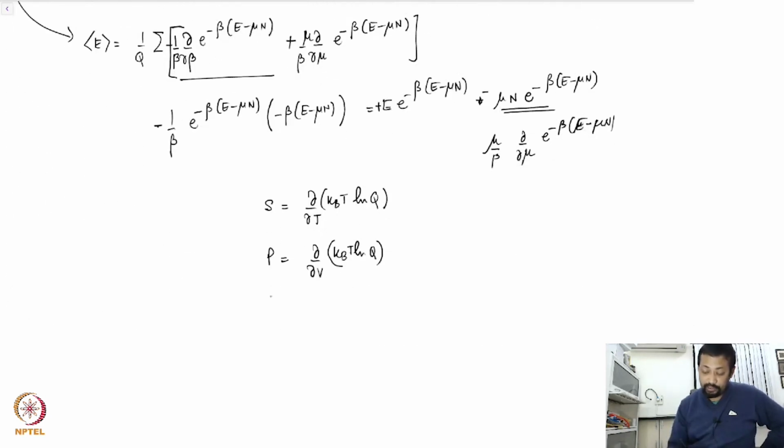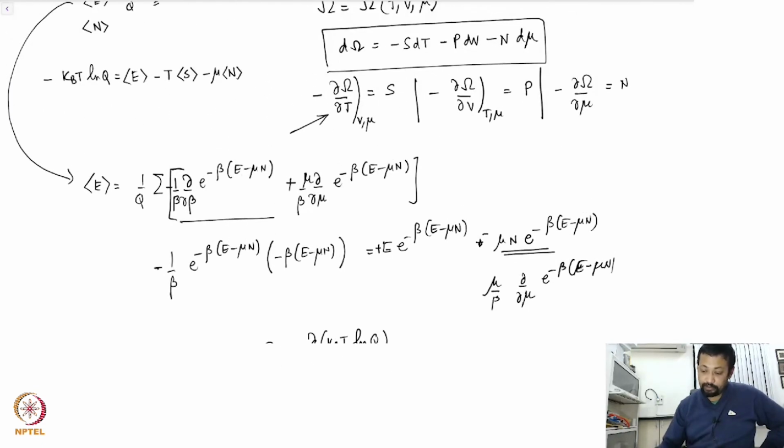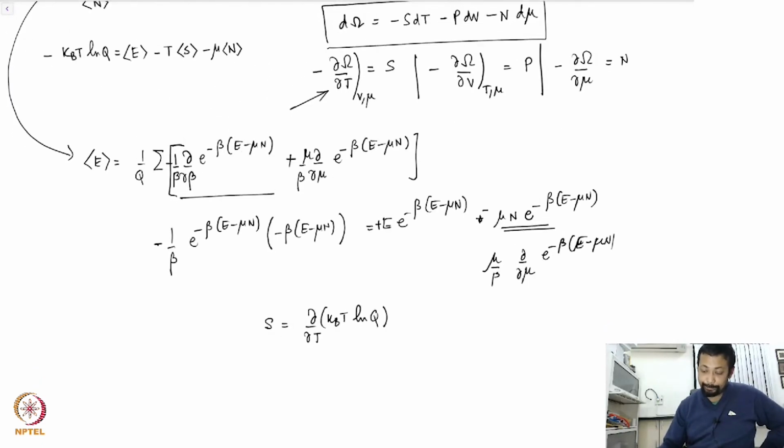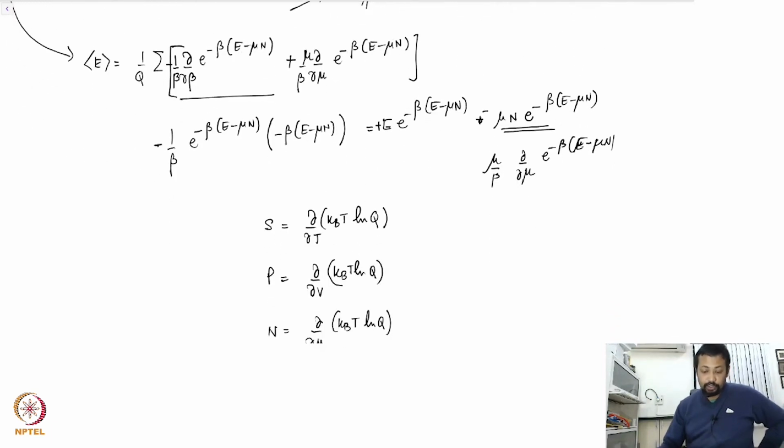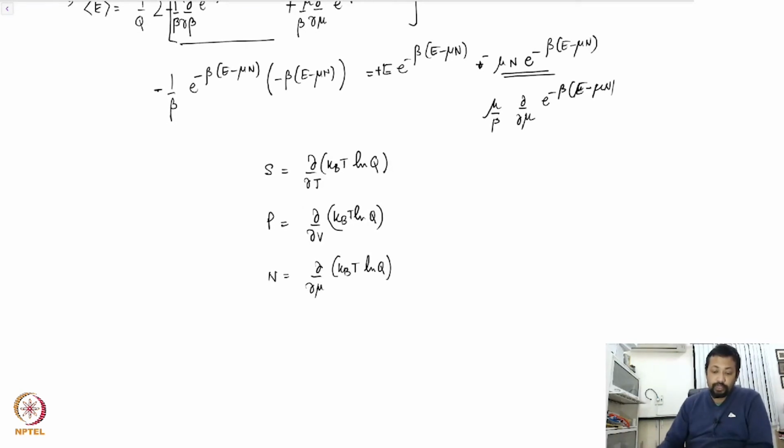And finally N is going to be del del mu of kBT ln Q, right? Good.